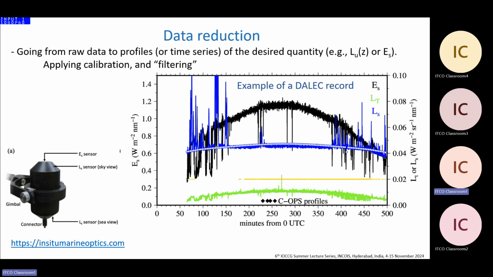I'm not going to comment on this in detail, but you can probably understand immediately from a record like this that there are some sections which are quite noisy. We don't want this. Maybe there were some clouds. There are sections where the signal looks very stable. So that's the first thing you might have to do with this kind of system: go into this and select just the relevant data for your application.